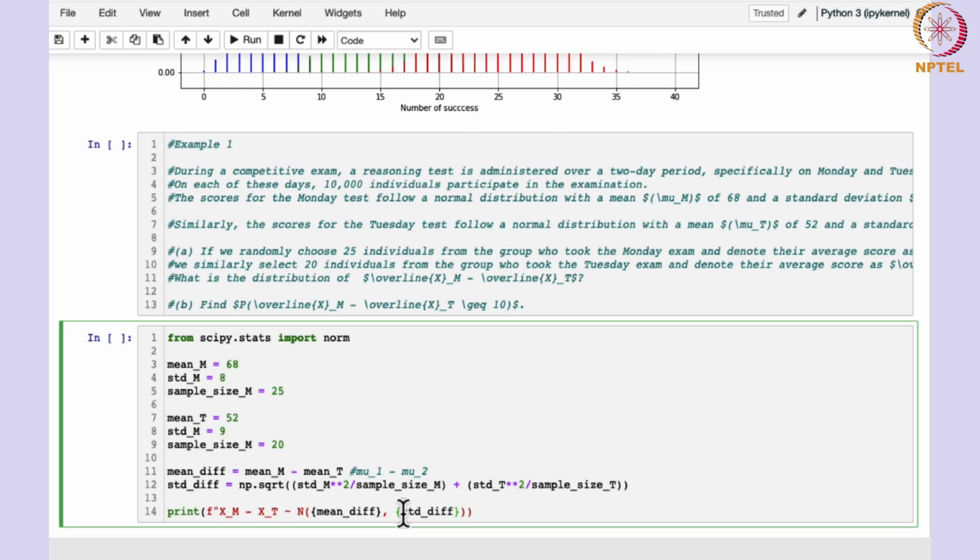Since in the normal distribution we usually write the variance, we use power 2, so square. After this we will close it. First it will evaluate the mean difference and this from the above two lines, and then it will print the corresponding statement that the distribution of the difference of the means follows a normal distribution, and so on. So let us see.